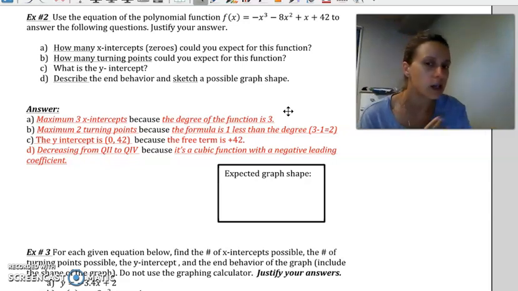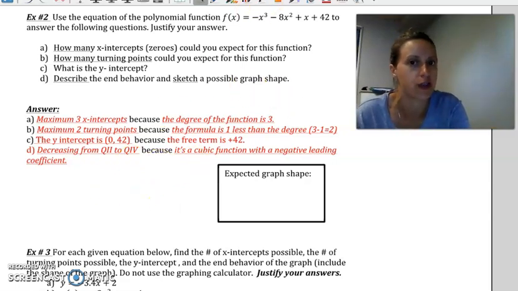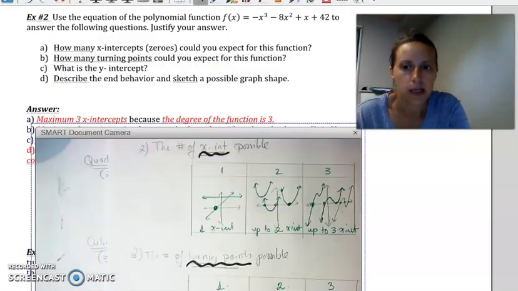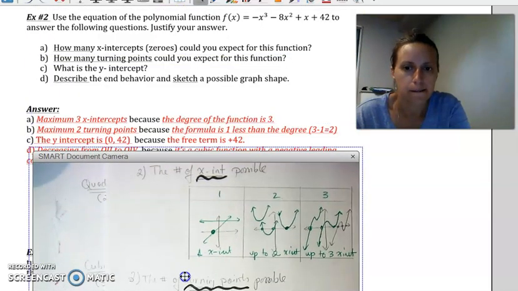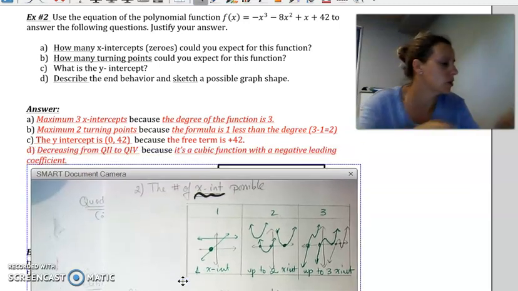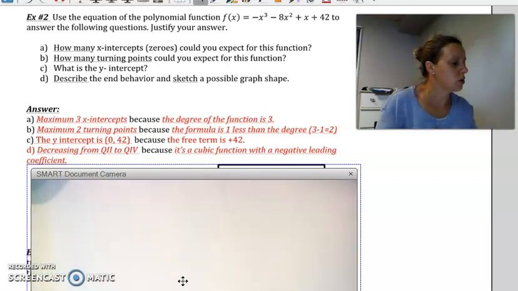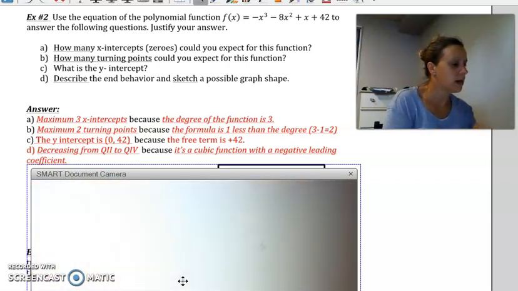Because you don't have any explanation for that one, just no justification, I will justify it for you here. So for this last piece here, for D, why is it decreasing from quadrant 2 to quadrant 4? So you justify it as follows.